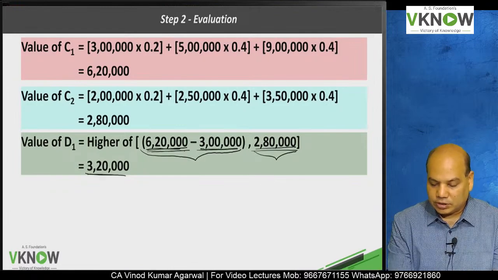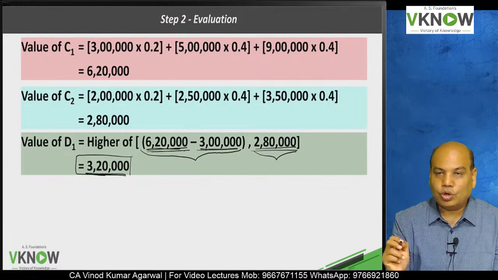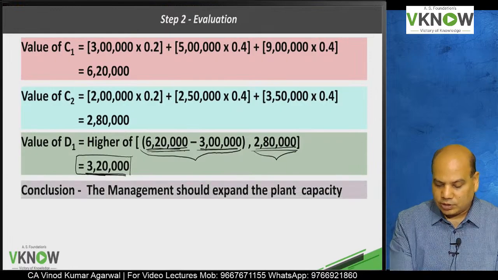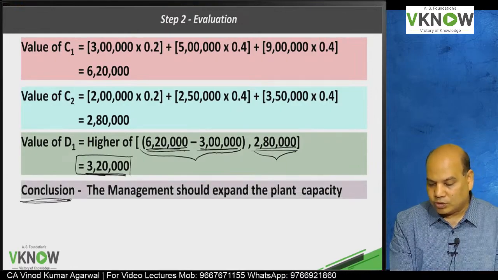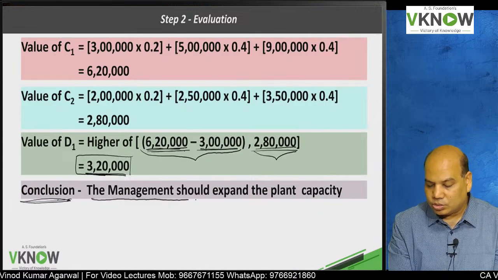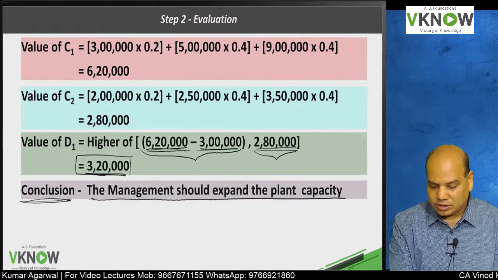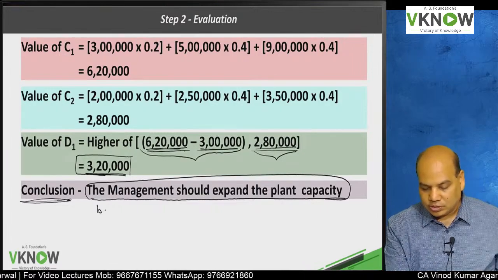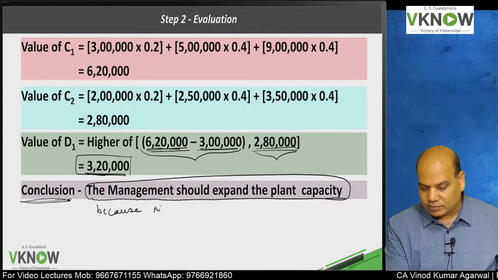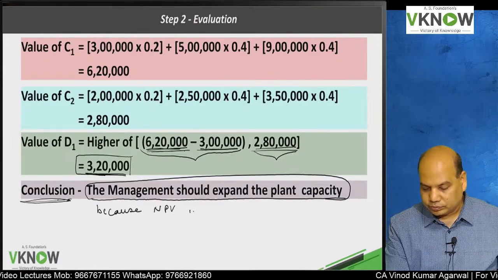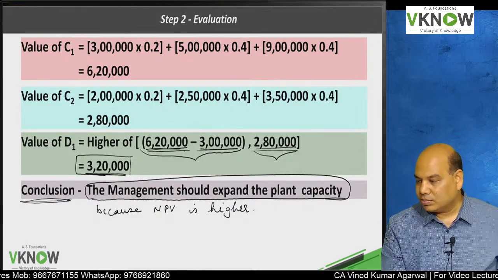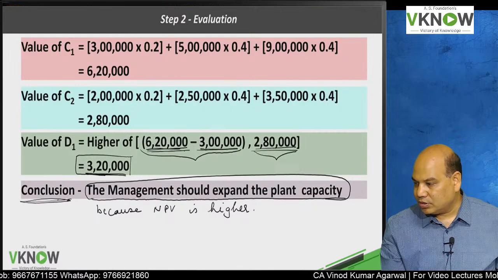Answer is 3,20,000. 3,20,000 is the value of expanding the plant capacity. Therefore, the conclusion will be that the management should expand the plant capacity because expected NPV is higher.